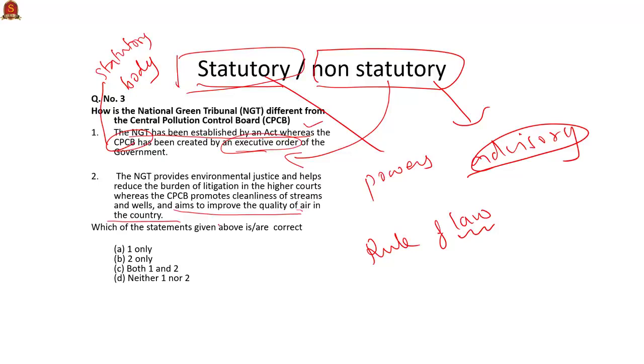So the second statement itself tells that CPCB has statutory power, and by logic also, by our regular reading of newspaper, we know it has certain powers, so it should be a statutory body. So the first statement is wrong, the second statement is correct, so the answer is 2 only.